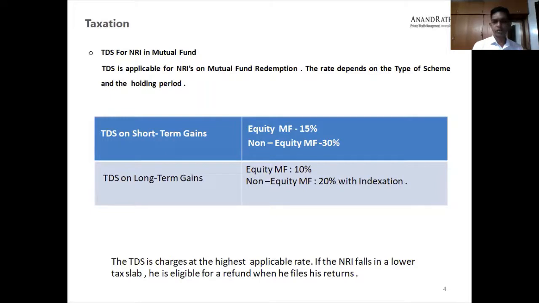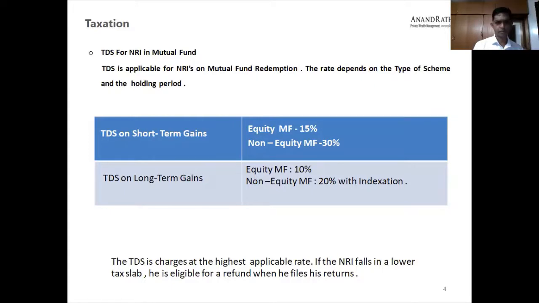Earlier there was a concept of an entry load, but that has been taken away since 2014, 2015. I have suffered through that, they charged me 15%. Today there is no entry load, but there is a concept of exit load, so some funds charge an exit load if you step out of the mutual fund before 12 months.